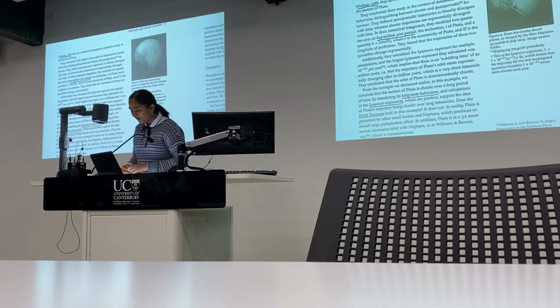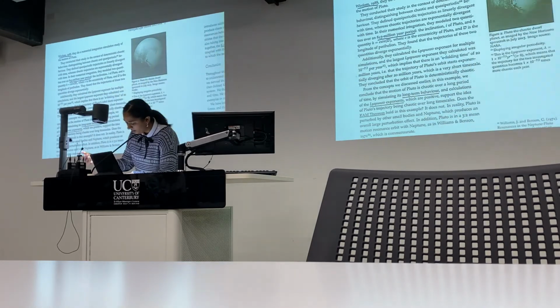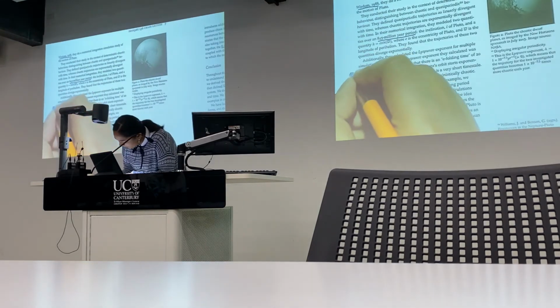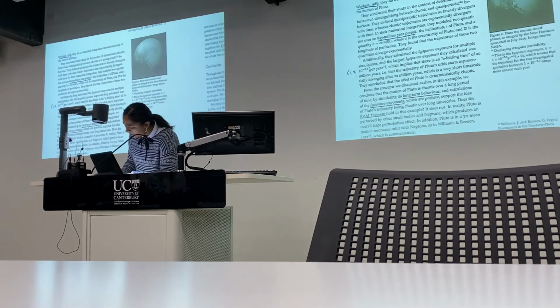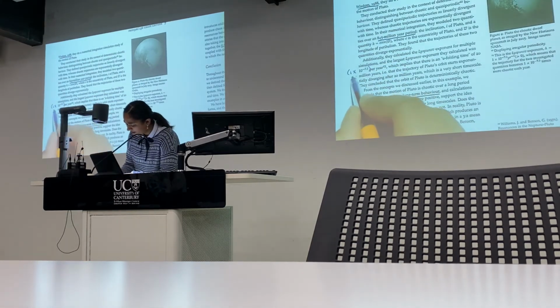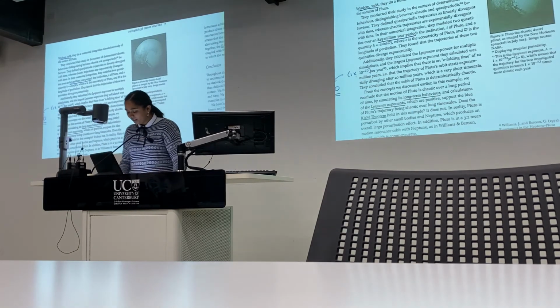Just to back up their finding, they also calculated the Lyapunov exponent for their simulations. And yes, sorry, this is a typo. The largest Lyapunov exponent that they found was 1 times 10 to the minus 7.3 per year. That's positive.